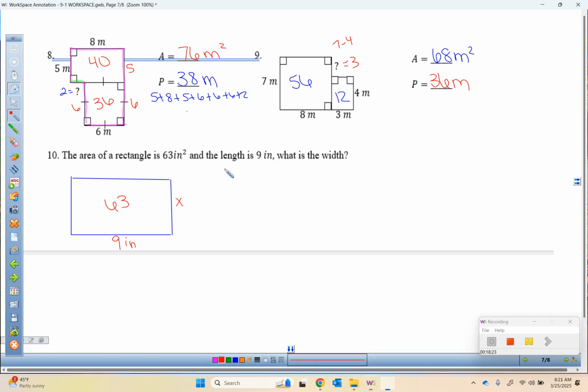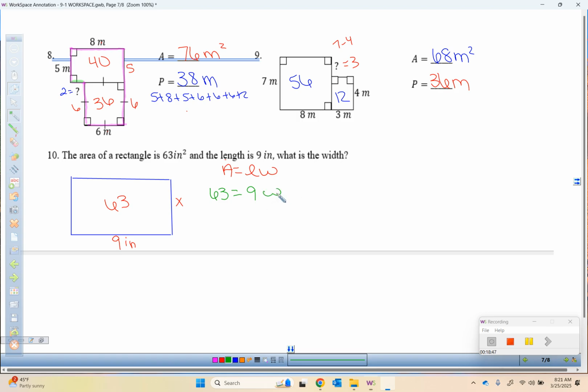We know the formula for area: we can use base times height, or length times width. Because it's asking for width, I'm going to use length times width. The area, the number it's giving me, is 63. The A is my 63. The length, the L, is 9. And it wants to know what the W is.